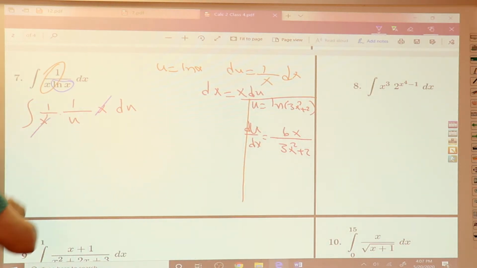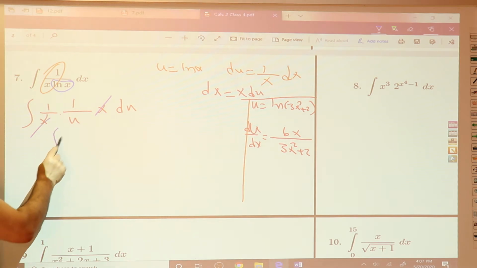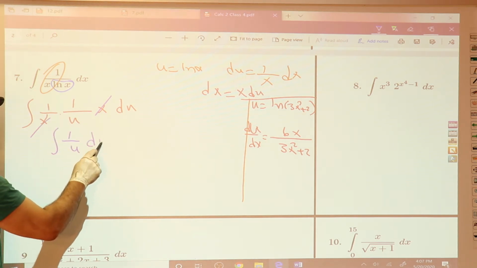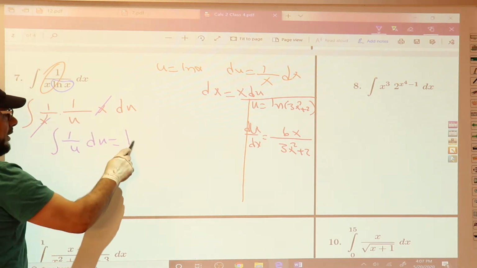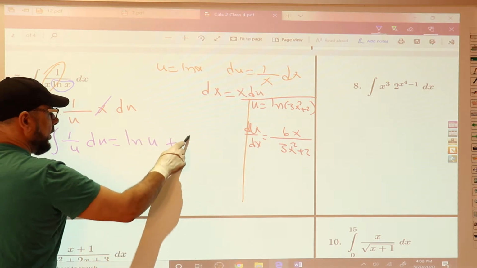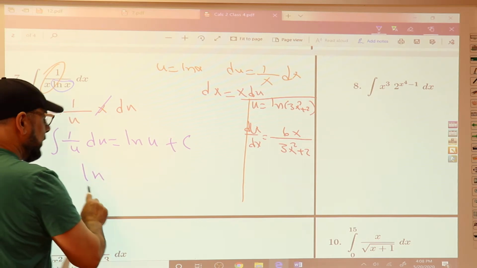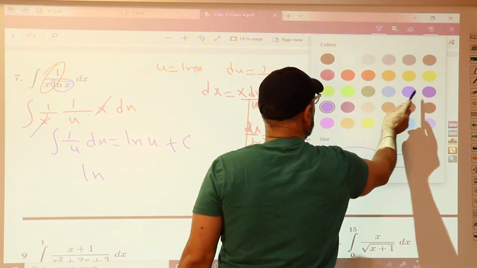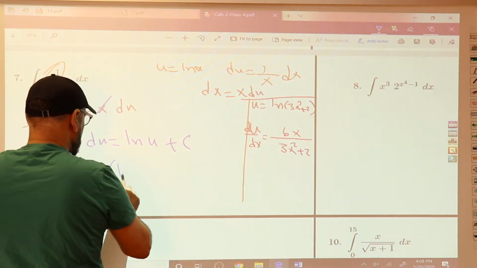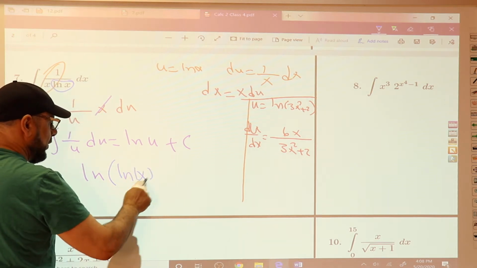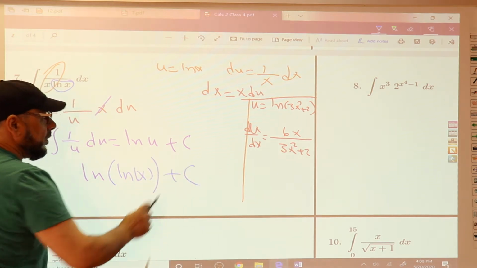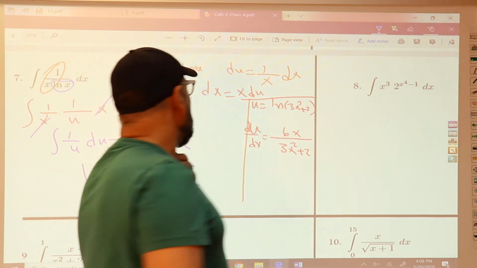That x cancels with x. The integration of 1 over u du is ln u plus c. And u equal what? ln x. Then ln u is ln x plus c. Okay.